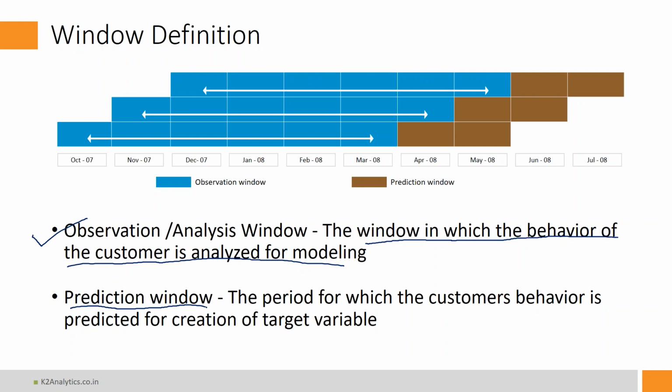Like in the previous slide, as you said, if the customer's data usage is low, we are setting it to 0, as in he is likely to churn.